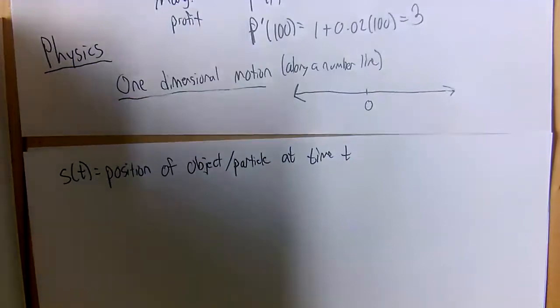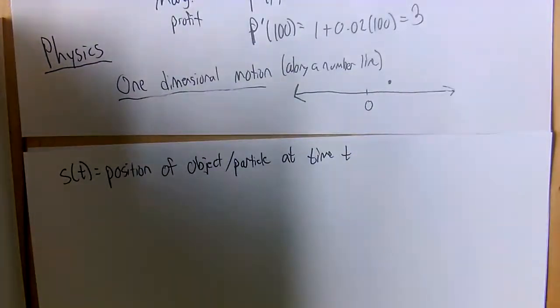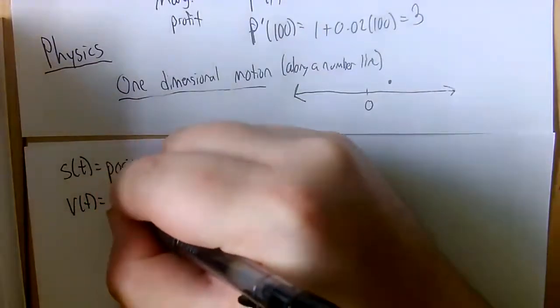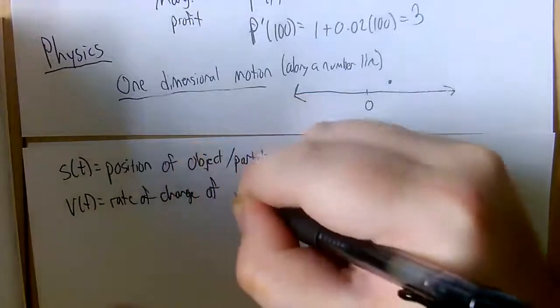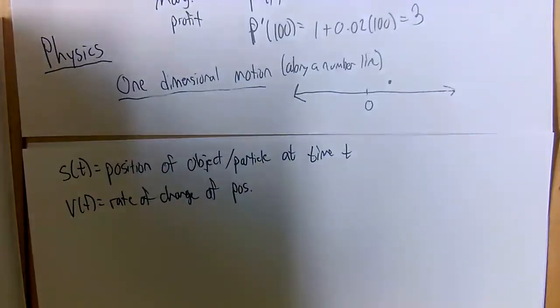Now, in addition to knowing where something is, so like let's say the particle's right here, we also may want to know how fast this particle is moving. Now, the rate of change of position is going to be called velocity. This is the rate of change of position. Now, we see that these three words here, rate of change, mean that this is probably a derivative in some way.